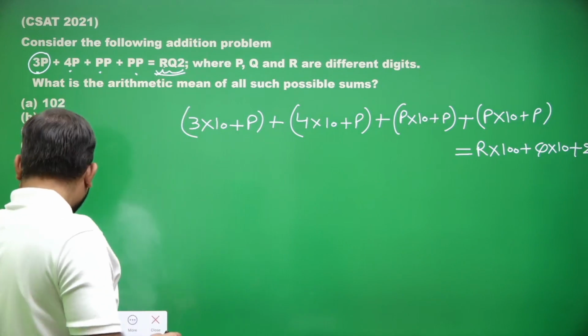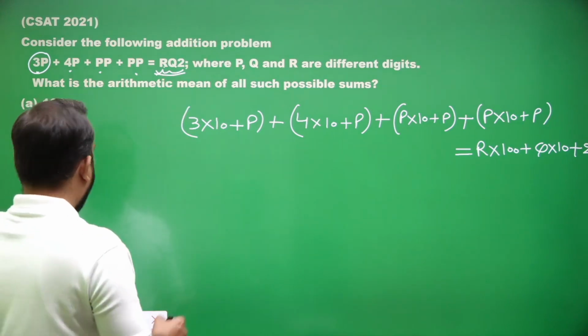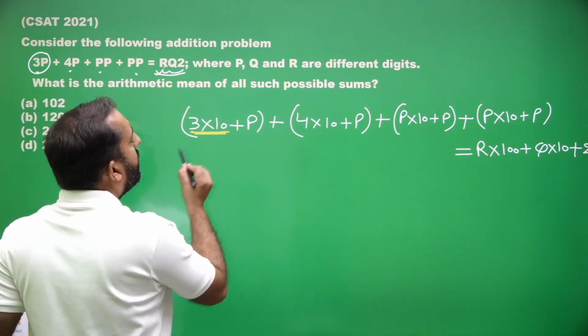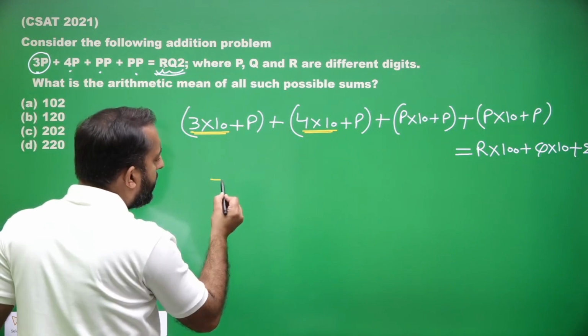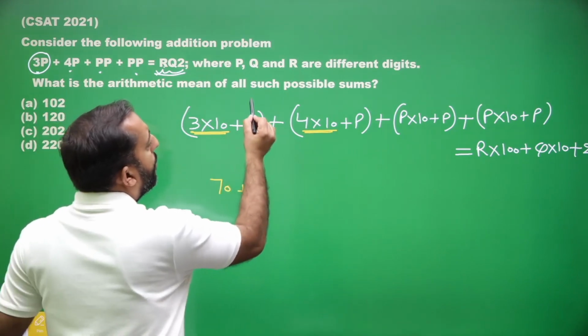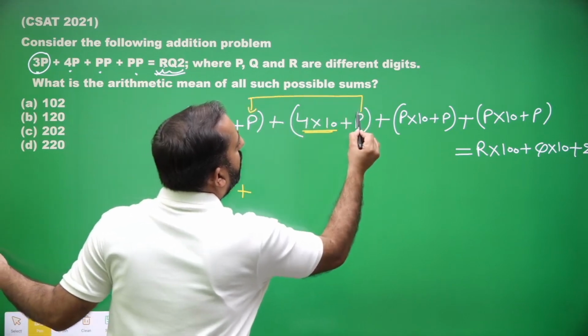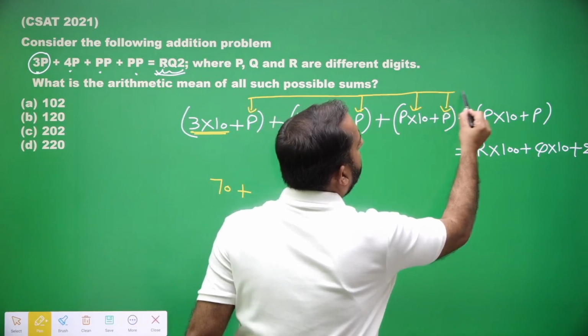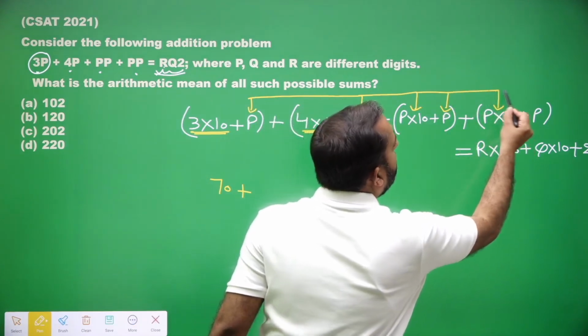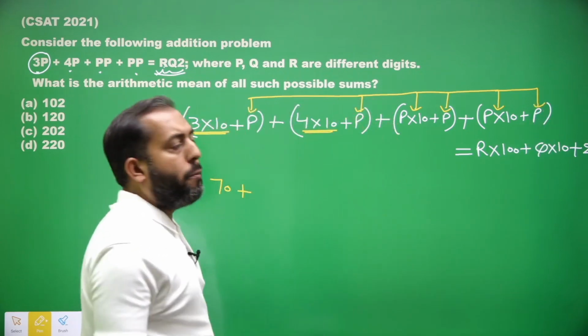Units place. Solving this further, 3 into 10 is 30, 4 into 10 is 40, 30 plus 40 is 70, and 1p, 2p, 12p, 13p, 23p, and this one more p will become 24p.